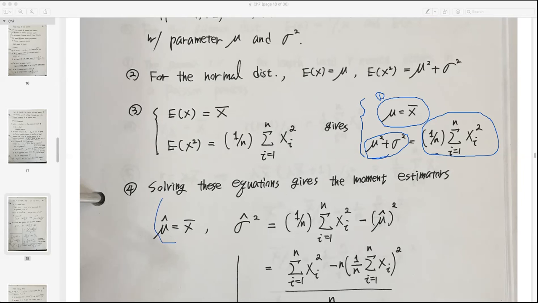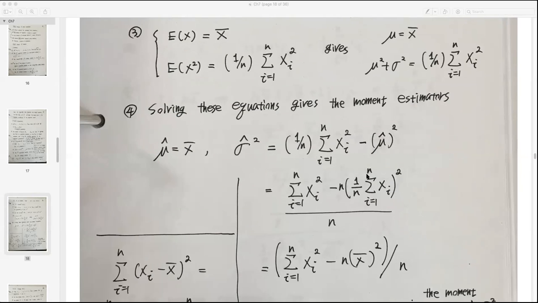And then the moment estimator of sigma. From here we replace mu by mu hat squared and sigma squared by sigma hat squared, and the goal is to find sigma hat squared. So we isolate sigma squared in this equation.